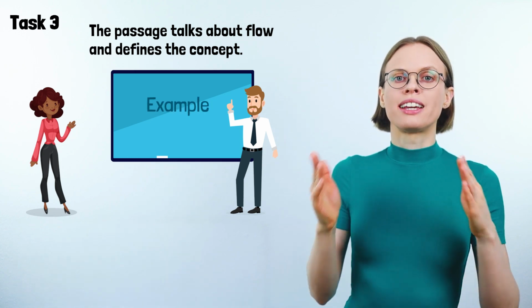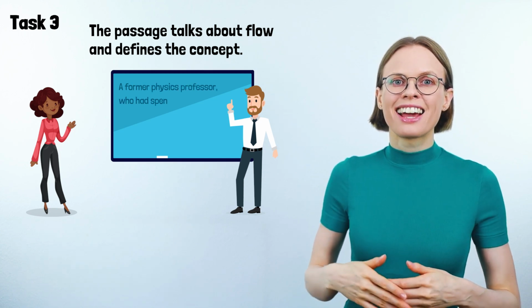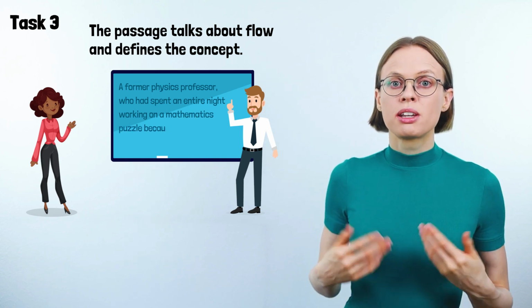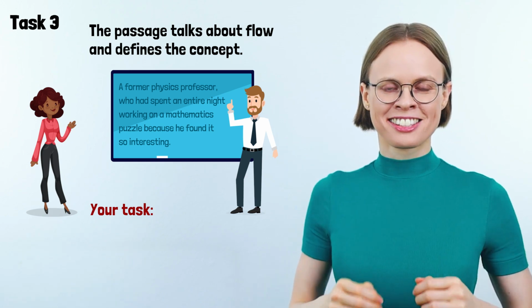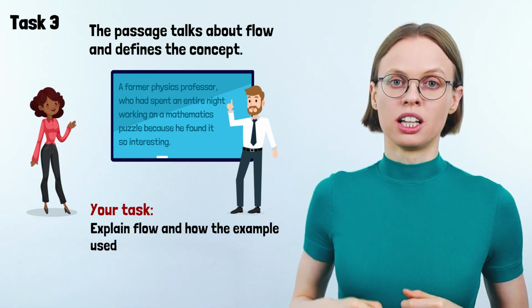He talks about his friend, a former physics professor who had spent an entire night working on a mathematics puzzle because he found it so interesting. The task asks you to explain flow and how the example used by the professor illustrates the concept.